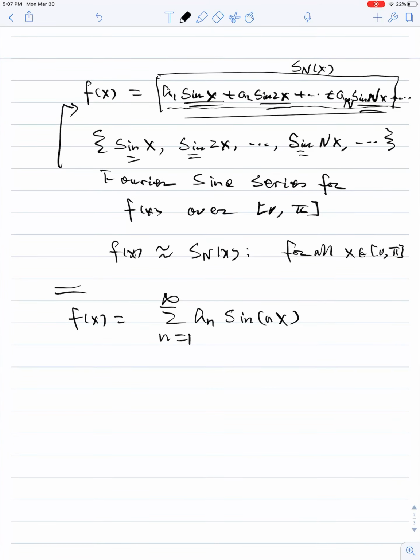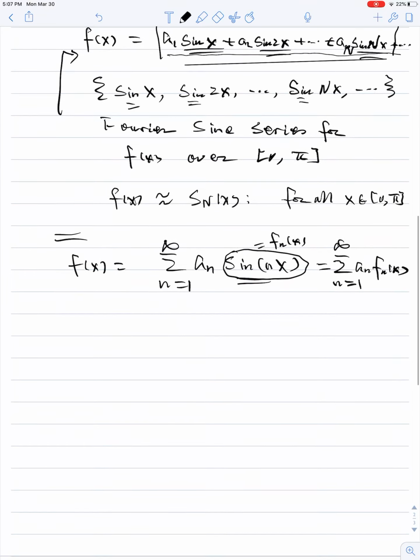Now the key fact is that these functions, let's call them fn(x), are our basic functions, and so we write them as fn(x), n from 1 to infinity.